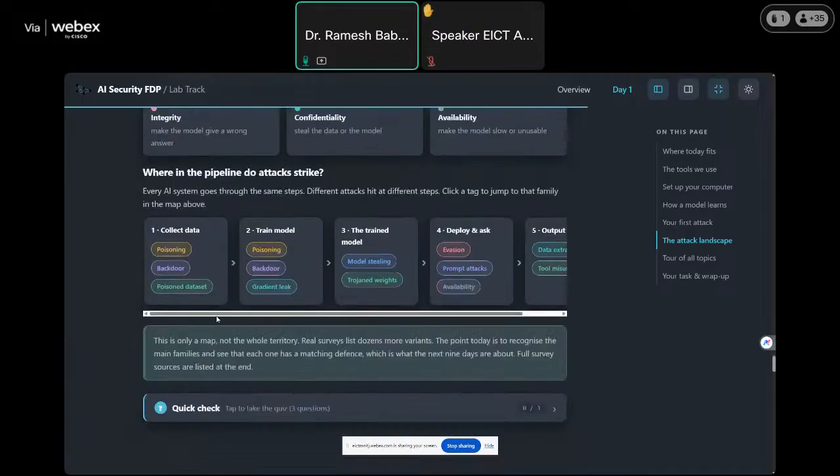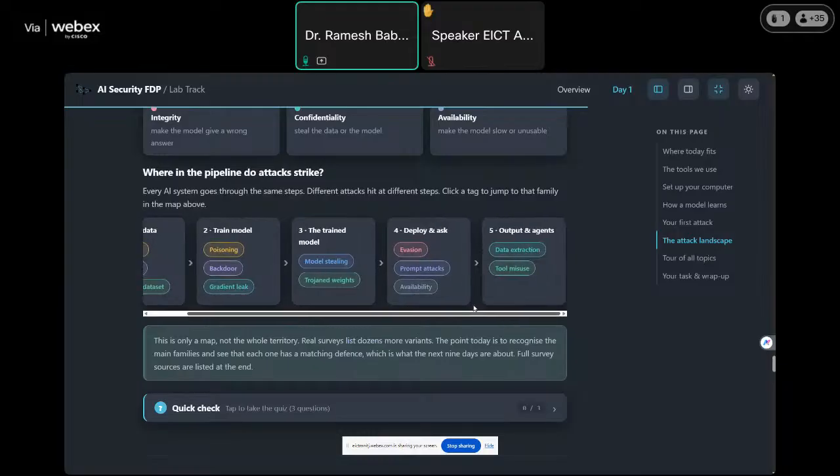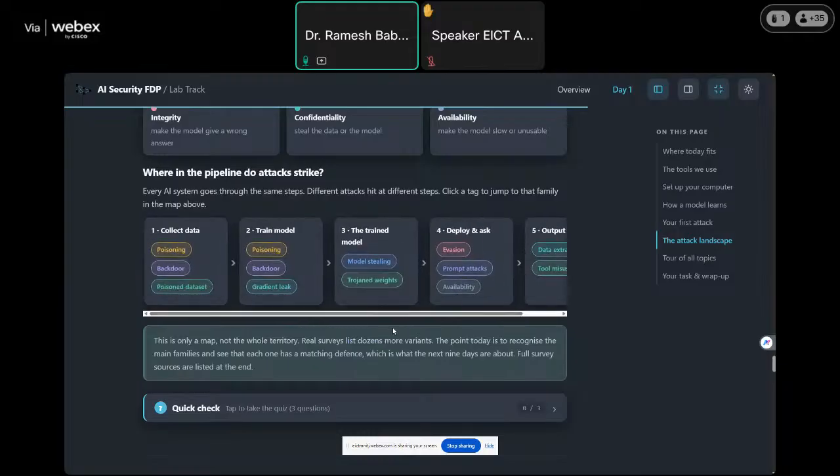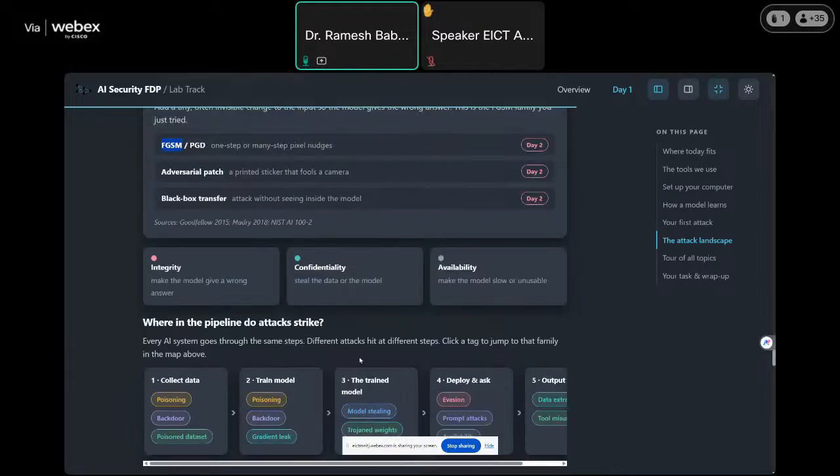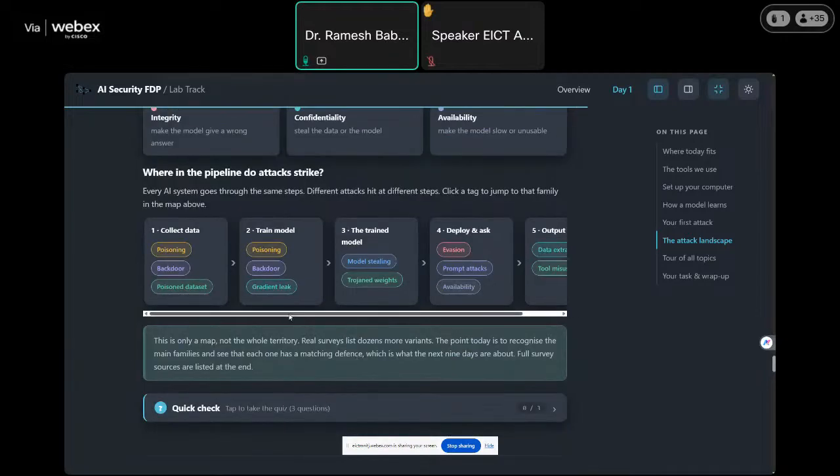So here is one diagram which is also a kind of clustering that I have made for you. To turn all these attacks into a mental model, you can assign them to different phases of your training. During collection of the data, you can have poisoning, backdoor attacks, or poisoned dataset attacks.